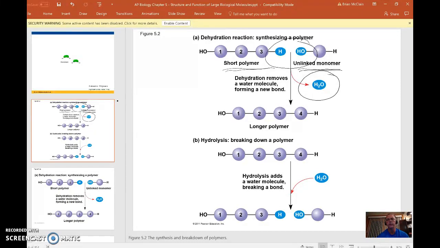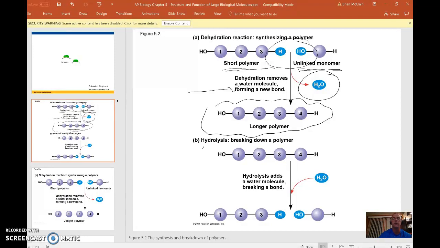The key thing we're going to see is that the hydrogen and the alcohol group are going to combine and form water. So anytime you have a removal of water, you have what's considered a dehydration reaction, and the dehydration reaction is going to allow us to build a more complex molecule. The end result is a longer and more significant polymer.